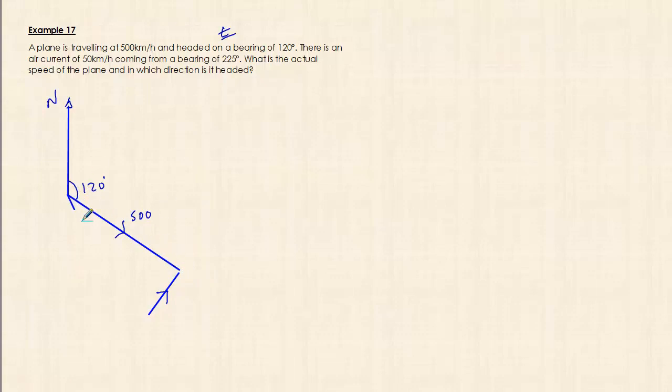So the actual heading would be down here, and then the wind brings us back to true. If we look at the wind, we know it came from a bearing of 225. So 225 is down here. And then that would be 45, this would be 90, so this angle here would be 45 degrees.